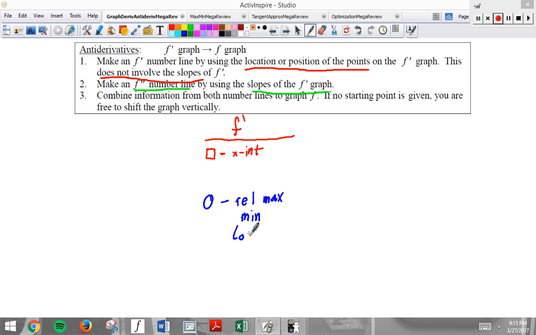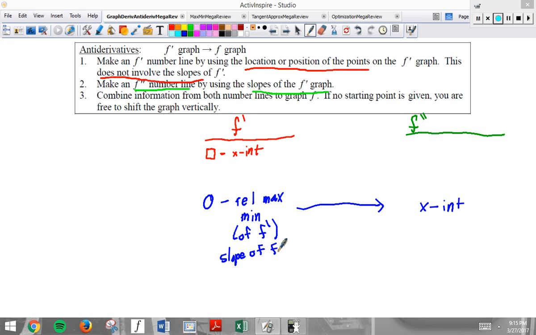And again, just remember this of f prime. Because that would mean that on your boy f double prime, he would have x-intercepts. Because slope of f prime equals 0.